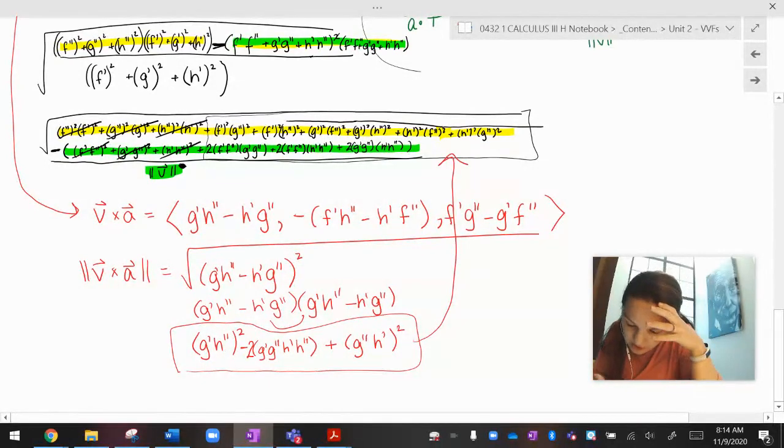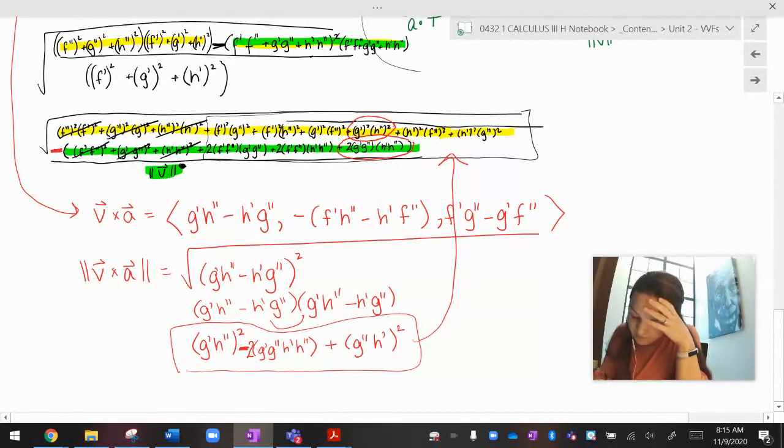G prime h double prime squared. Here's g prime h double prime squared. Now let's see if I can find a minus 2 g prime g double prime h prime h double prime. I see it. And technically it is a minus because I'm subtracting this whole denominator.